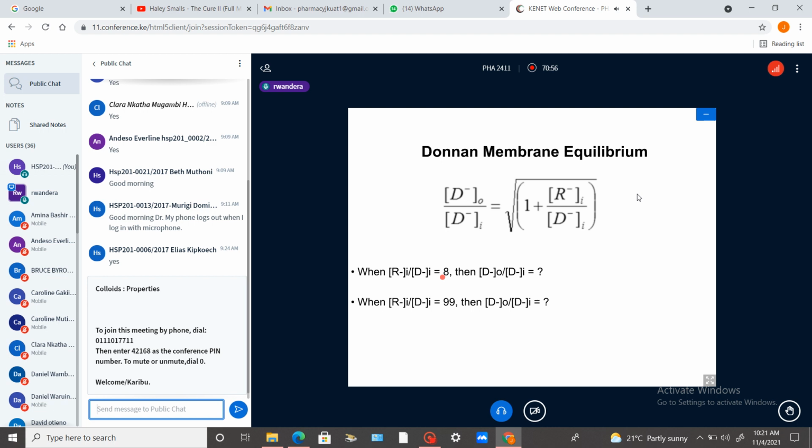If you have a ratio of 8, then what happens to the concentration of your diffusible drug on the outside of the membrane as compared to its concentration on the inside? What will be the answer here? A response from the class, it is just maths now. If you had this ratio of the colloid to the diffusible drug on the inside of the membrane as 8, what does this ratio become?